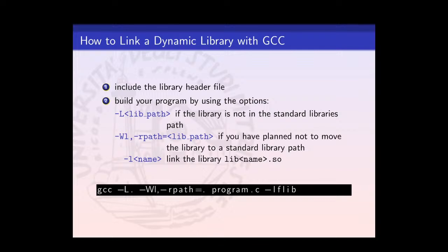However, in our simple example, we are exclusively using one single non-standard path for the library, which is the current directory. And that's why on the command line we can see gcc minus capital L dot, meaning the library we want to link may be present in the current directory.